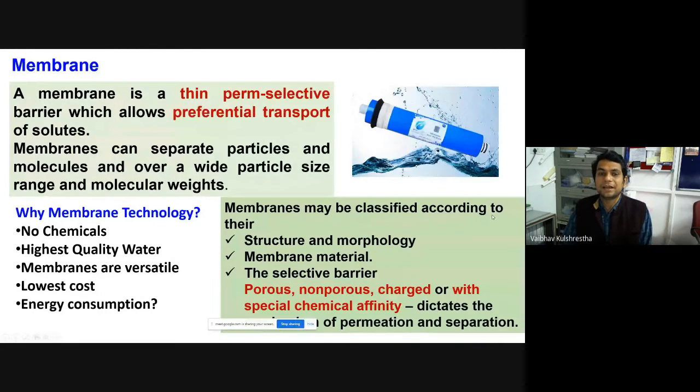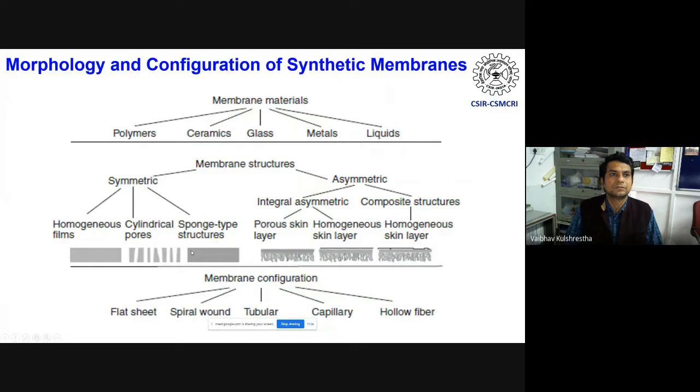Accordingly, membranes can be classified into different categories by different means: structure and morphology. Membrane materials may be polymer, zeolite, or coal, or different types of charcoal. The selective barrier may be porous, non-porous, charged, or with a special chemical affinity. According to morphology and configuration, membranes can be divided into different categories: polymer, ceramic, glass, metal, and liquid. The structure is also different, it may be symmetric or asymmetric.